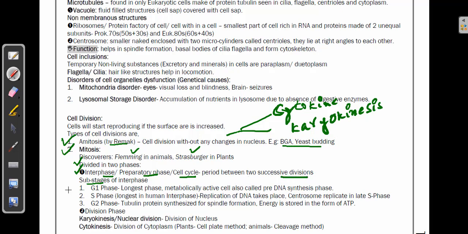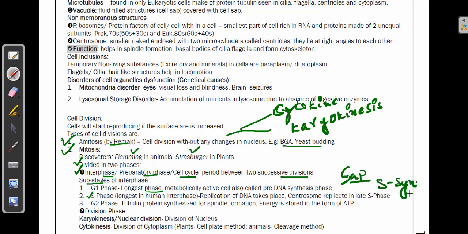We have three different steps here: the G1 phase, S phase, and G2 phase. The G1 phase is one of the longest phases, and it is metabolically active. This is also called the pre-DNA synthesis phase. Why do we call it the pre-DNA synthesis phase? Because the G refers to the gap, and S refers to the synthesis.